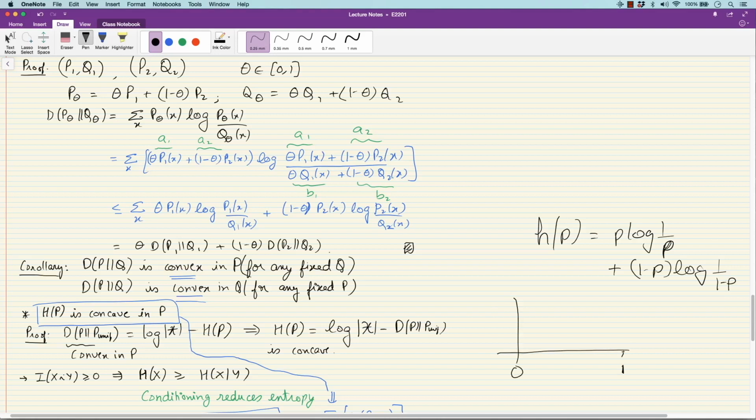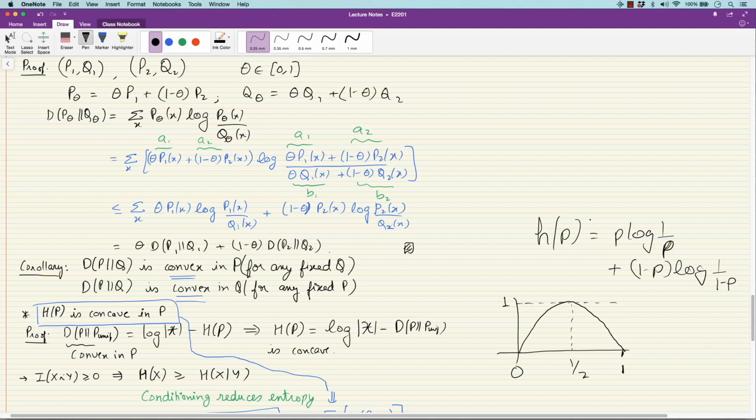Let's look at it as a function of P. We know it is concave. We know it is bounded by the entropy of the uniform distribution, which is 1, and it is non-negative, so it stays here. The uniform distribution maximizes entropy, so it reaches 1 at one half, and it's a concave function. So it looks like this. That's the shape of the entropy function.